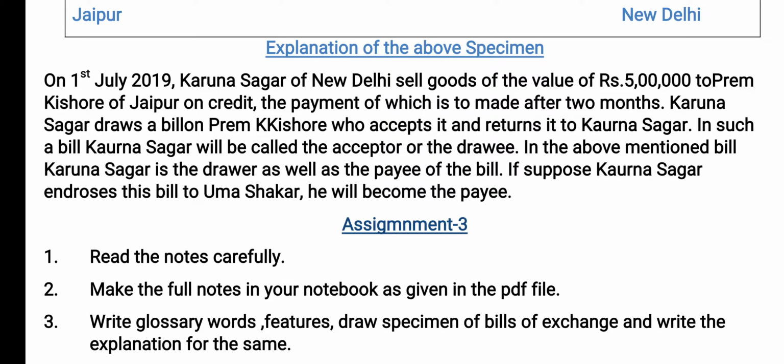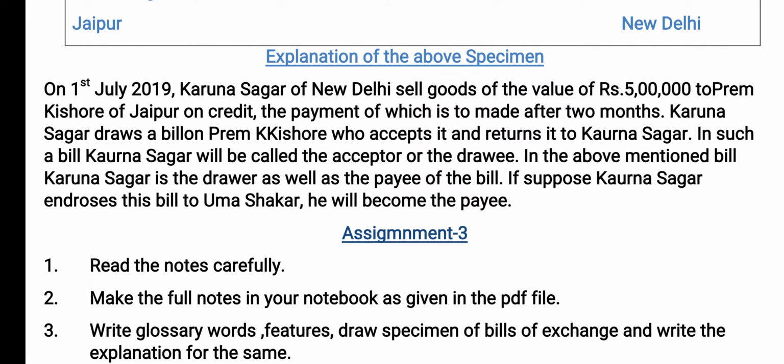So now it is clear from this specimen that Karuna Sagar is the drawer, or you can say the seller, Prem Kishore is the purchaser or drawee, and if Karuna Sagar endorses the bill to Uma Shankar, then Uma Shankar will become the payee of that bill.